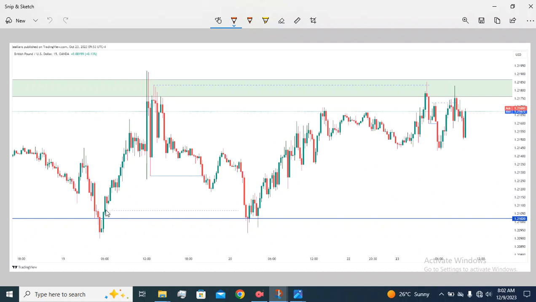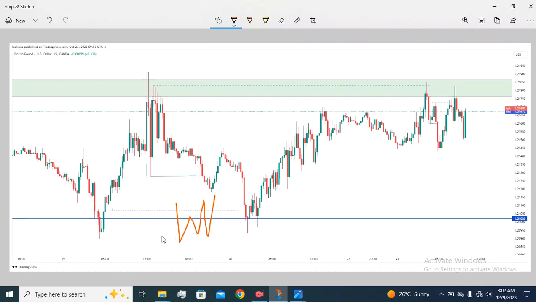Let's begin with this setup here. We said the bullish version of our trading model is drawn like this. Right? That's how it's drawn.